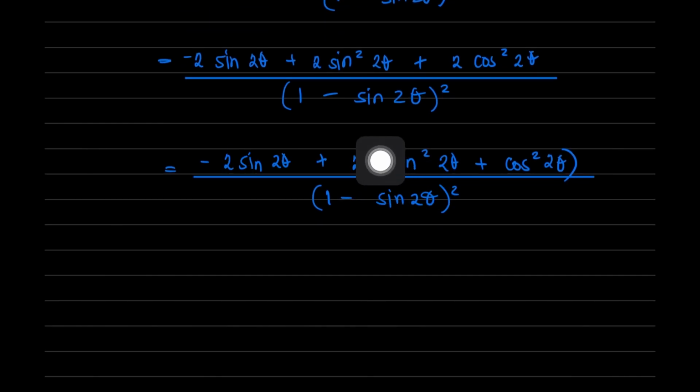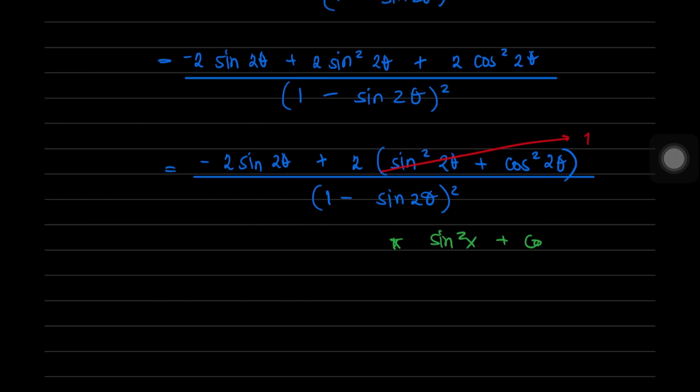We have here an identity which is equal to 1, because this is in the form of sine squared x plus cosine squared x, and that is equal to 1.